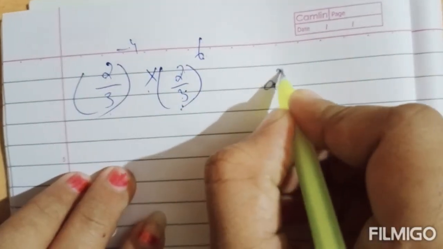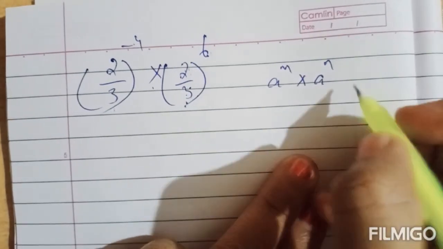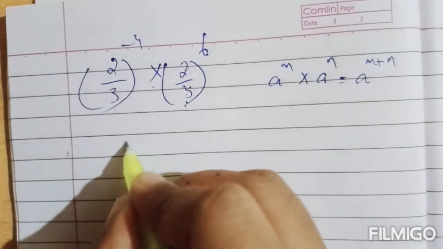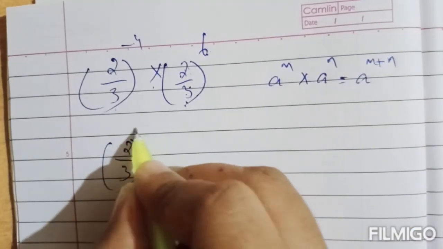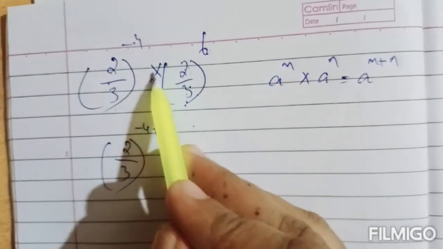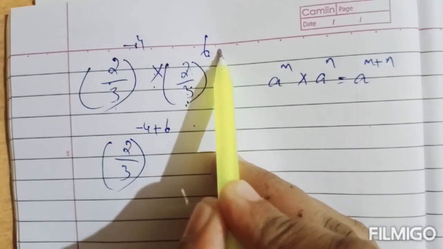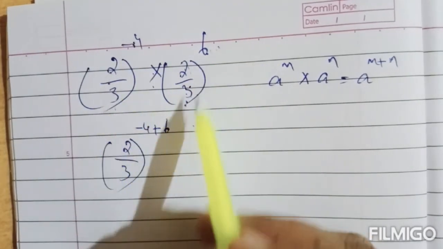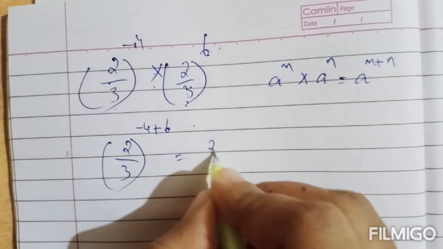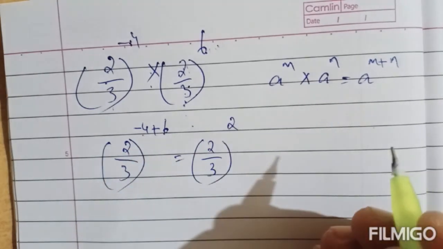This is of the form a raised to m into a raised to n. You can use product law here. Okay, that is a raised to m plus n. So (2 by 3) raised to minus 4 plus 6 you can write. In place of m, minus 4, n 6, and a, it is 2 by 3. So you will get (2 by 3) whole raised to minus 4 plus 6, it is 2.